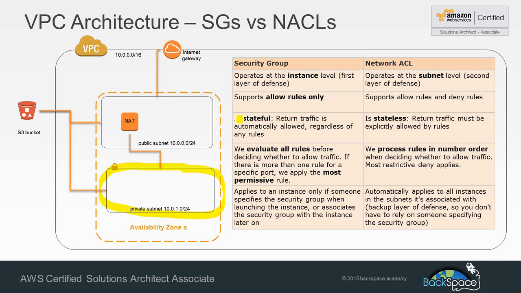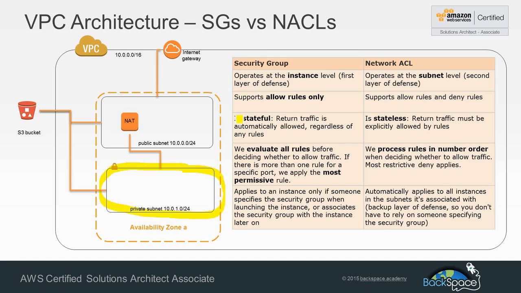If there is more than one rule for a specific port, we apply the most permissive rule, not the most restrictive rule. So if you have a CIDR block that is more broad, the more broad and more permissive rule will prevail.